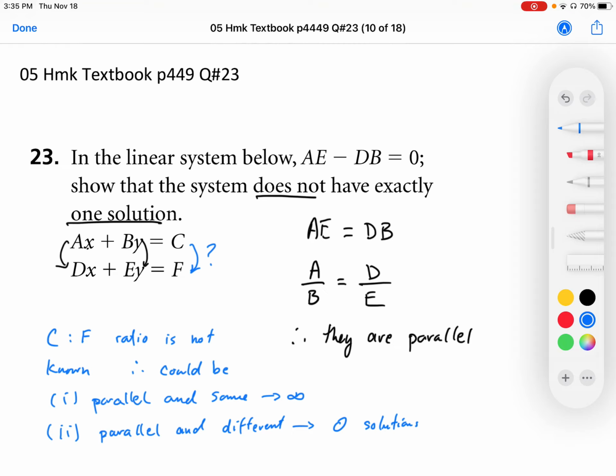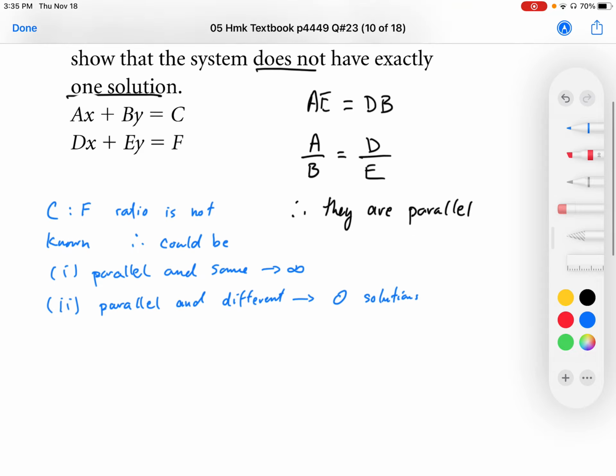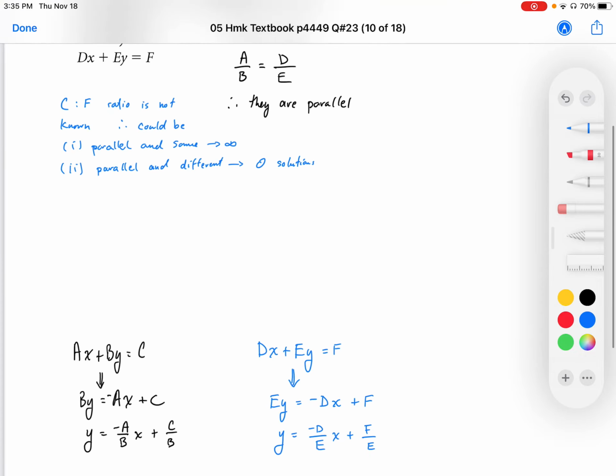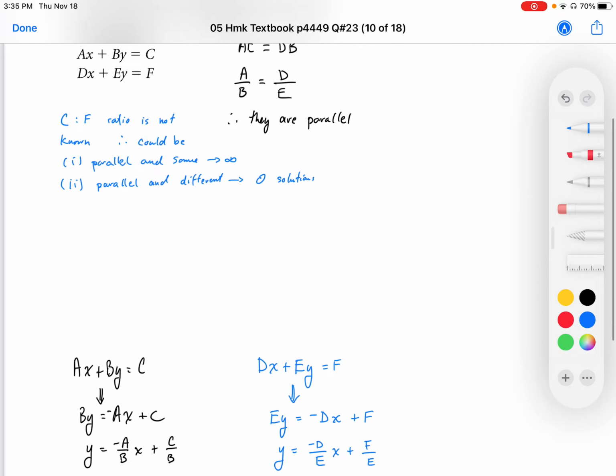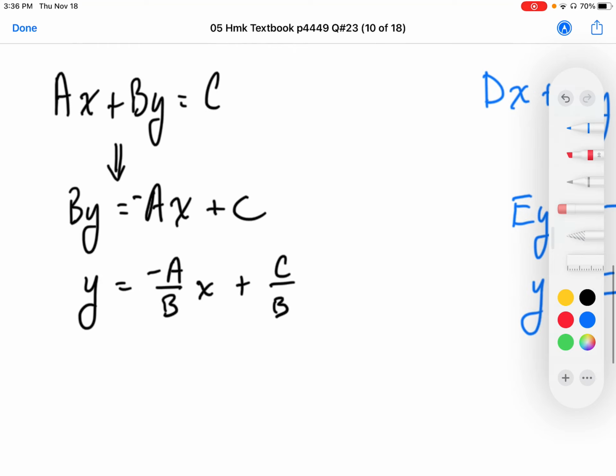Okay? Now, we could also do this in a really long-winded way, and we could actually just solve these two equations. So I can just take a look at these two relationships and make them into y equals mx plus b. And that's what I've done over here. So I've made the ax plus by equals c, and I rearranged that equation so I solve for y.